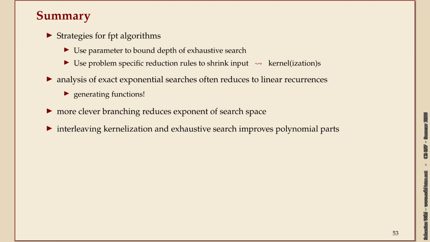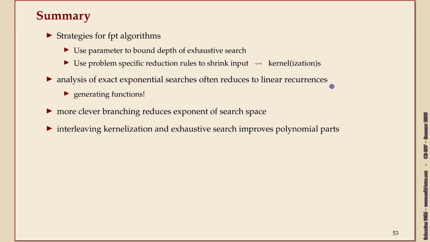A quick summary of what we've seen: the two strategies for designing FPT algorithms. One is the depth-bounded exhaustive search, where we use the parameter to truncate recursive calls. And the second was kernelization, where we shrink the problem size using some reduction rules.